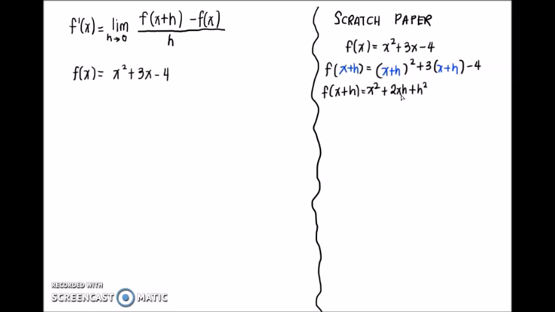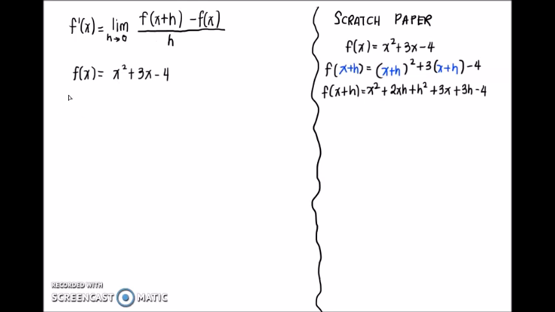So, ibig sabihin, kailangan master na din natin ang squaring of a binomial this time. So, plus, distribute natin yung 3 to both x and h. So, 3 times x, that will give us 3x, plus 3 times h, that is 3h, minus 4. So, we will be using this expression to substitute here on this formula.